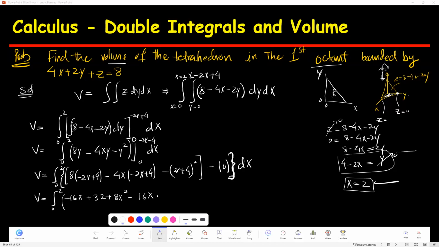And minus, now I'm going to expand this minus 2x plus 4 to the power square. I'm going to open this parenthesis by using the a plus b to the square identity, and it's going to be plus 4x squared minus 16x. 2 times 4 is 8, 8 times 2 is 16, 16x, and the square of the 4 is plus 16.